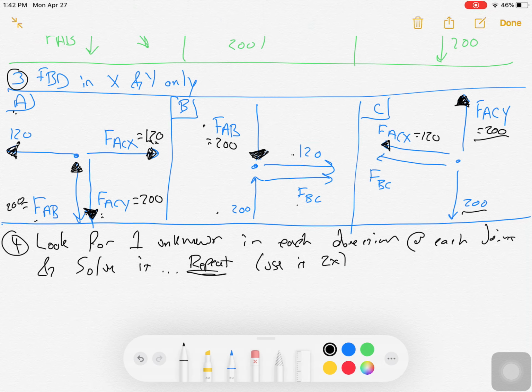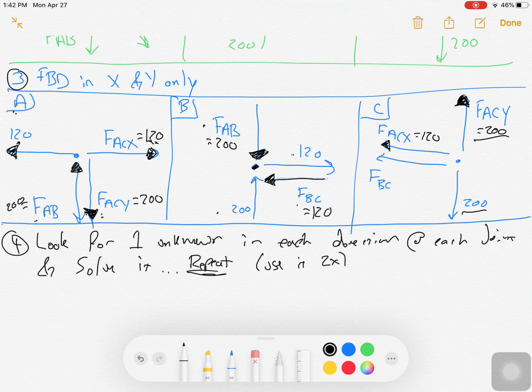If it's 120 to the right, that means force BC must be 120 to the left. Since it's going to the left, that means it's compressing point B. So that means it has to also compress on the other side.